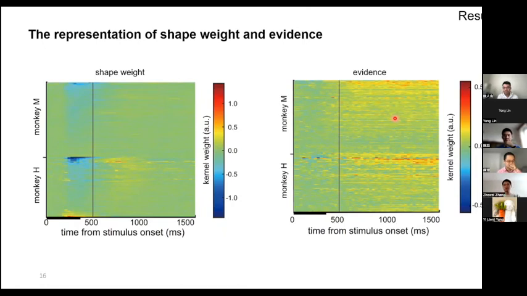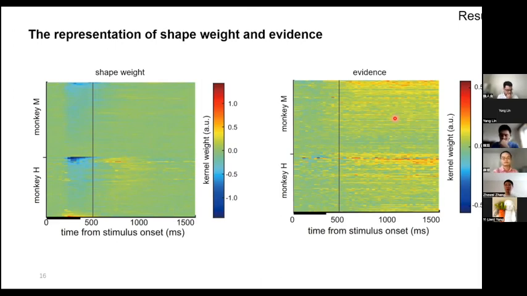The neurons in these two panels are sorted in the same order, and we can see that most LIP neurons had a positive evidence kernel, which means that the neurons would have a larger response when the evidence was in favor of the target in the receptive field. And moreover, unlike the kernel for the shift weight, the representation of the evidence was not transient but persistent.